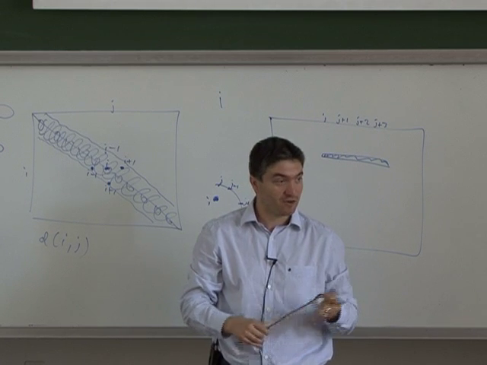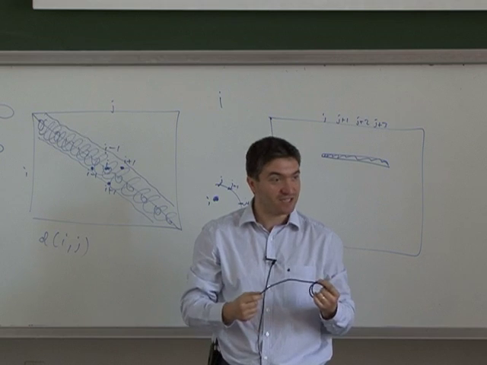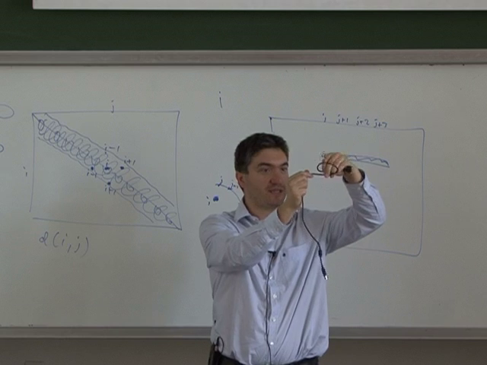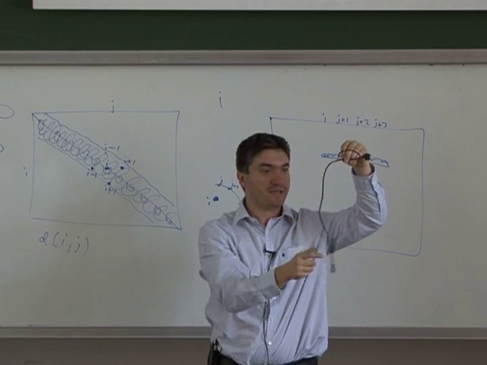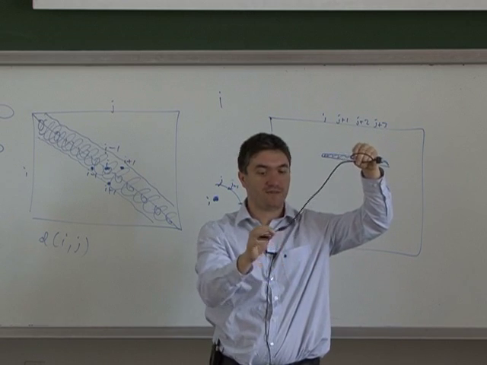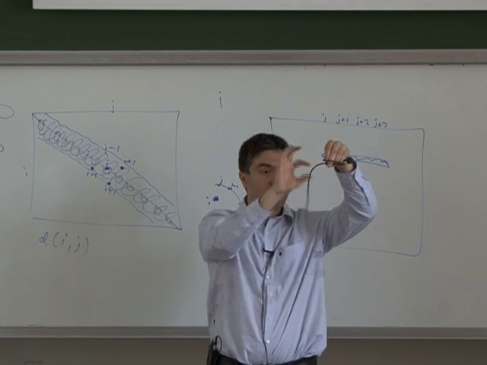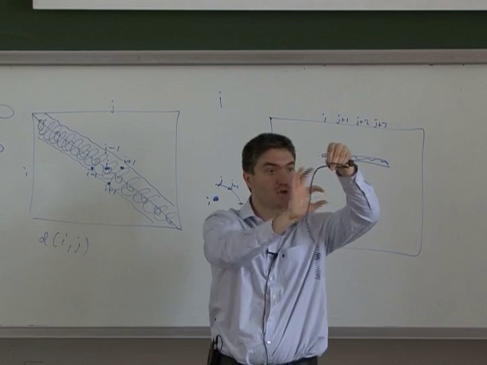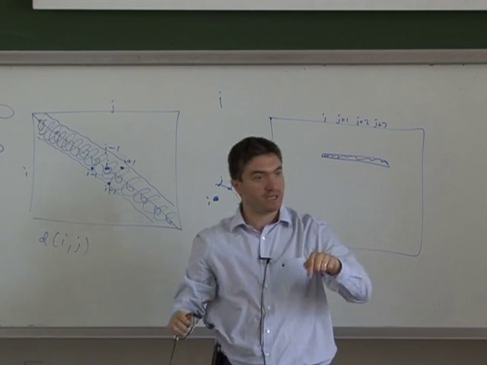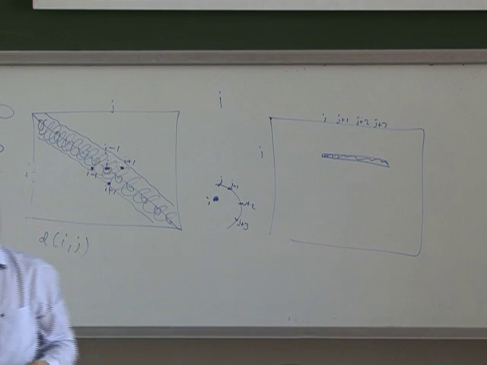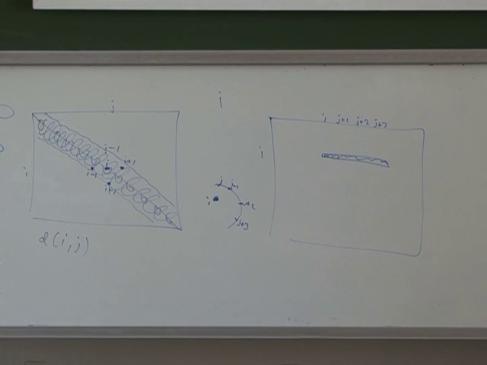This amino acid, because it's in a helix, is not going to interact with another part of the sequence that is very far away. So in helices, we are still in close neighbors: I and I plus 4, I plus 4 and I plus 8. So the interactions of a helix are going to be close to the diagonal.